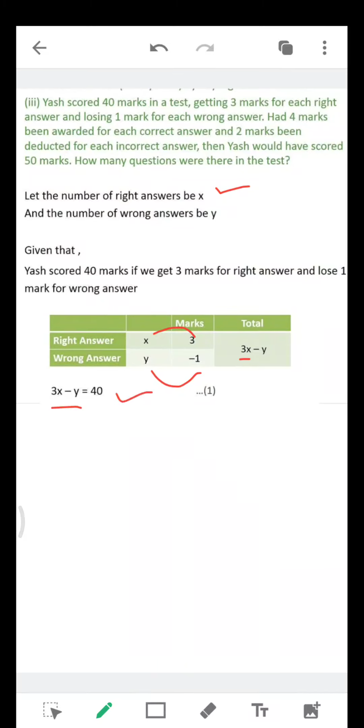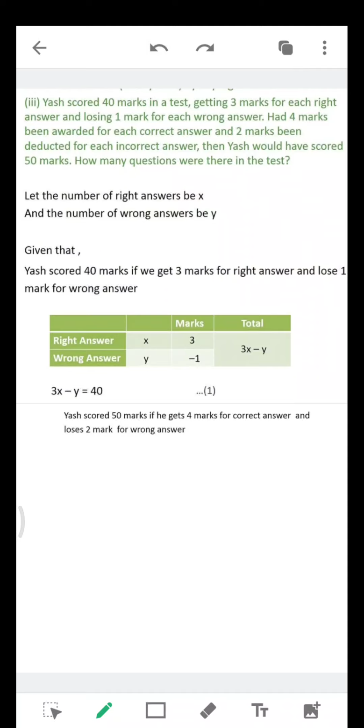This is our equation number 1. Why are we subtracting y? Because the marks are reduced. 3x is the marks he scored and minus y is the marks he lost because of incorrect answers.